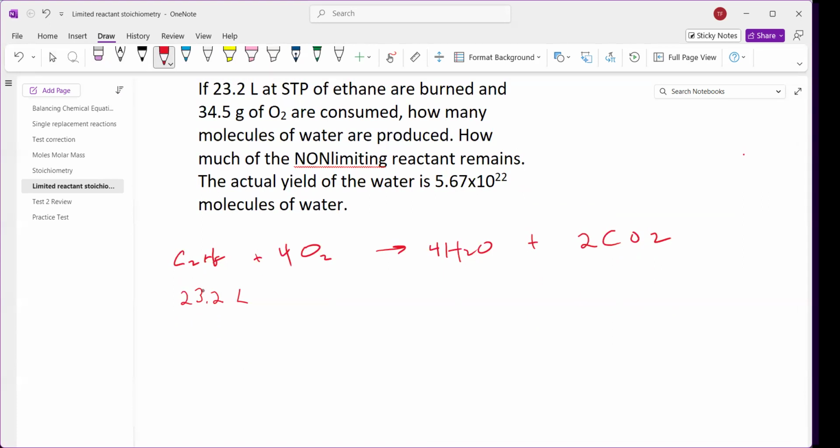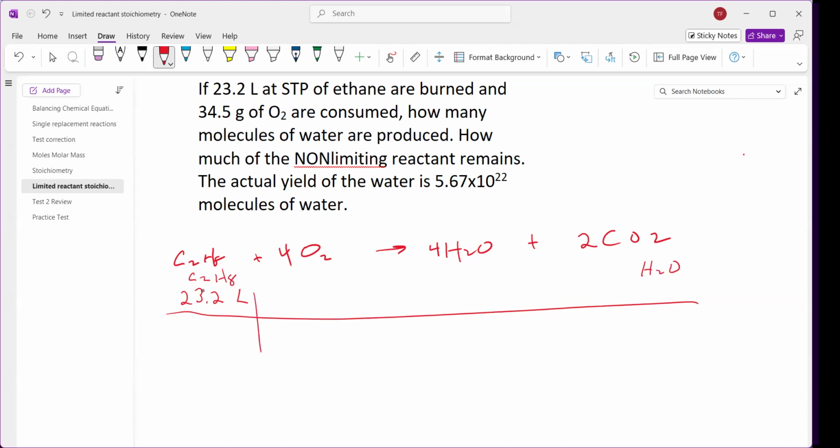They purposely don't do it at STP, and they force you to use the ideal gas law to figure out the volume. So that is going to be the ethane, the C2H6, and we're calculating molecules of water.